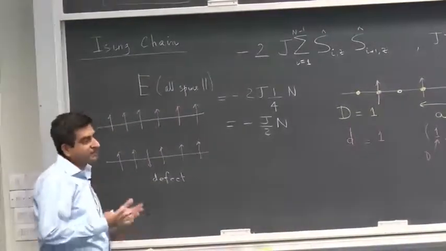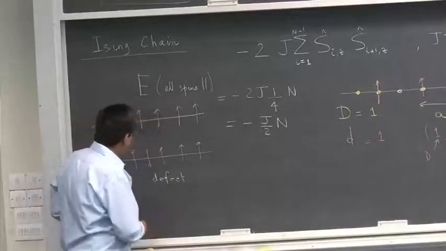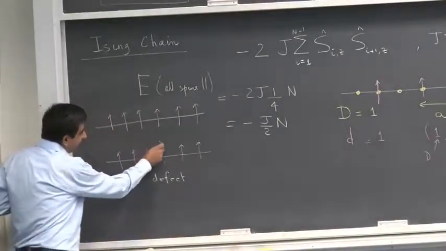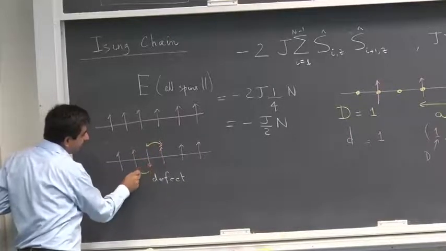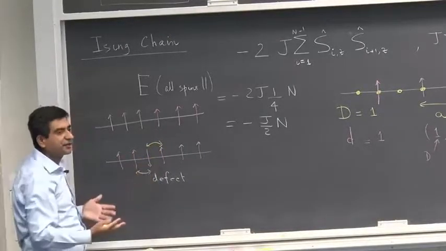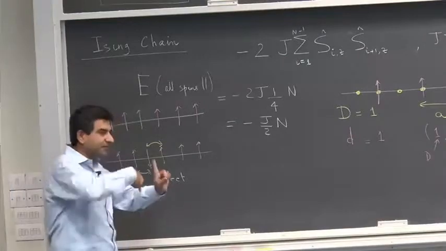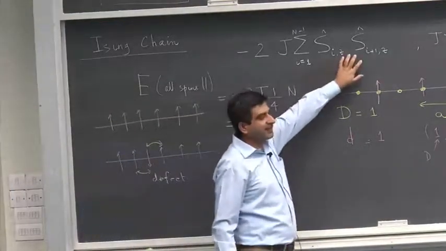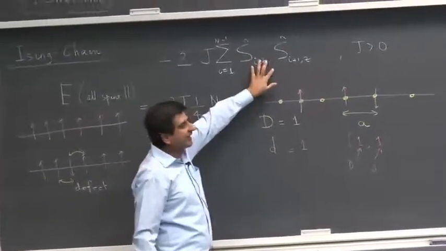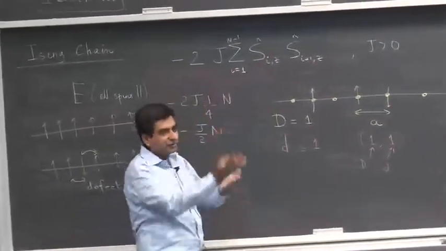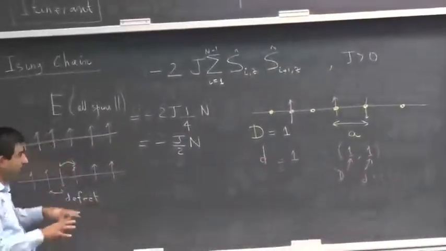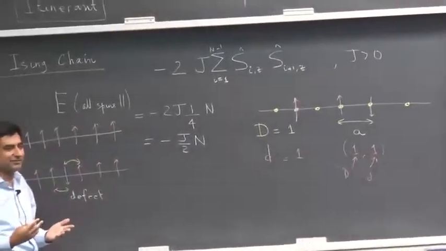Now the energy of the system must go up because there are two energies that are going up. One is this energy and the other is this energy. Both of these interactions are costing energy because the spins are now antiparallel. One of the eigenvalues is positive, the other is negative. You multiply them, you get a negative number, this gives you a positive energy. So there's an energy cost for a spin pointing in the wrong direction.